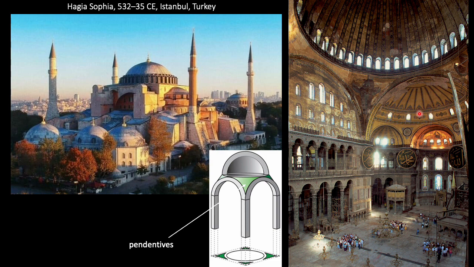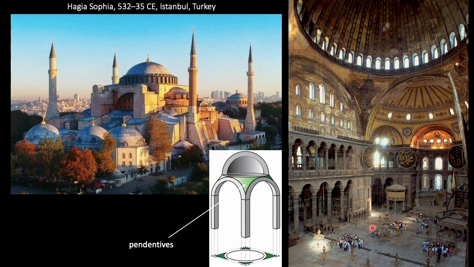These are called pendentives, and they connect and create a smooth transition between the circular dome and the square room below it. They also help transfer the dome's weight onto these four massive corner pillars, and in the left image you can see the exterior buttressing around those four corners.